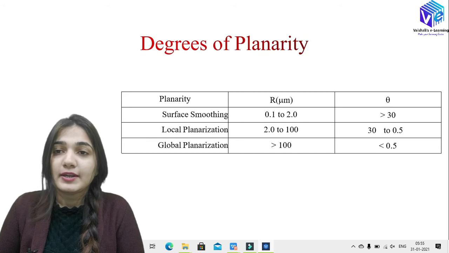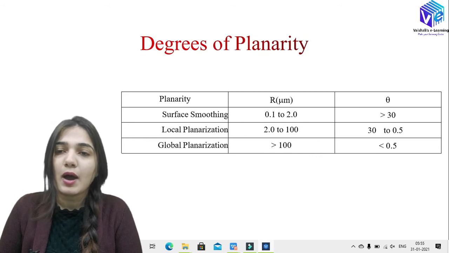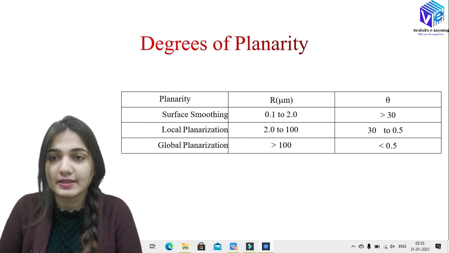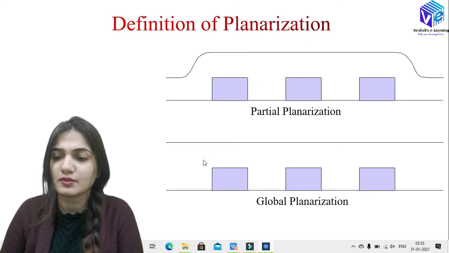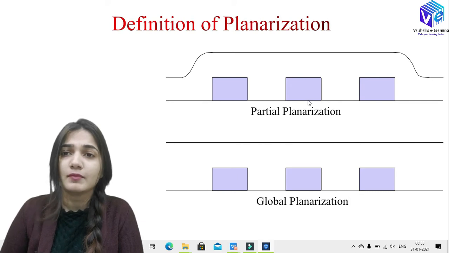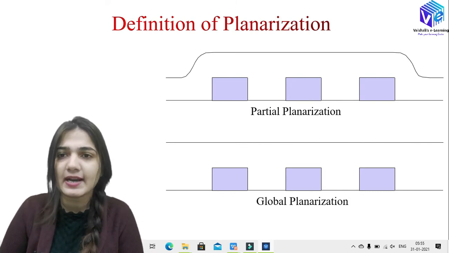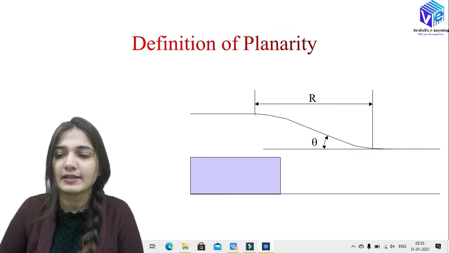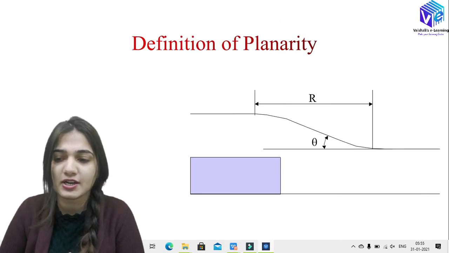So now, coming to the degree of planarity, how am I classifying the planarity? Why is this structure called global planarization and why is this structure called partial planarization? We have some mathematical understanding as well, so we are going to see that. For that you can see this structure.